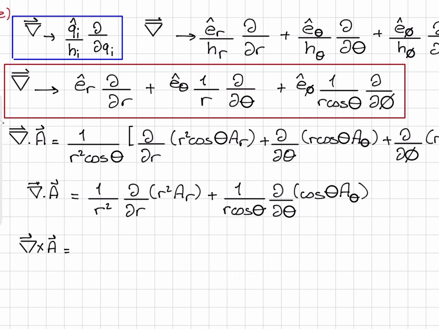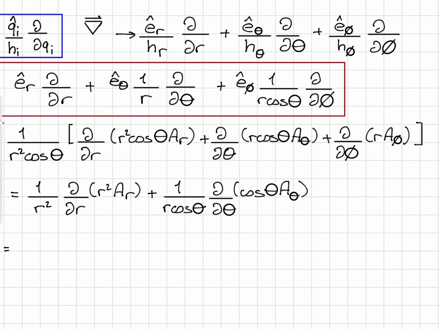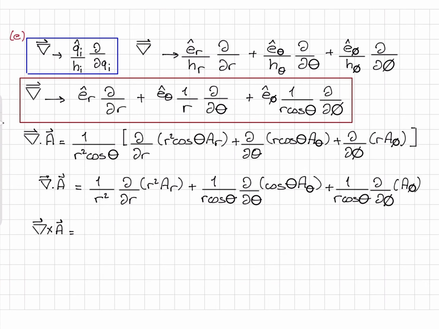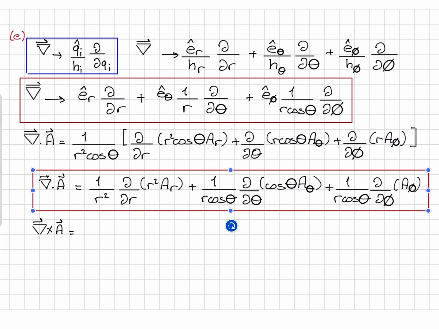And then we have the phi derivative. r is not affected by the phi derivative, so similar to the previous term, we have 1 over r cosine theta del del phi of A phi. So this gives us the divergence operation in this coordinate system.